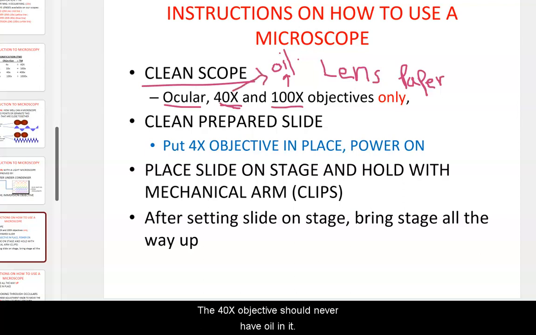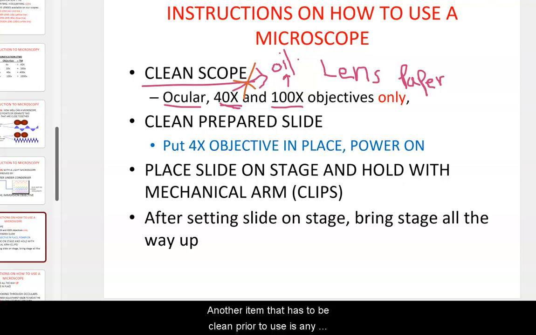The 40x objective should never have oil in it. However, sometimes students carelessly allow for oil to be put in the 40x objective. It is then even more pressing not only to clean the 40x objective with a lens paper, but also to clean it with a special cleaner that will completely remove the oil out of the 40x objective.